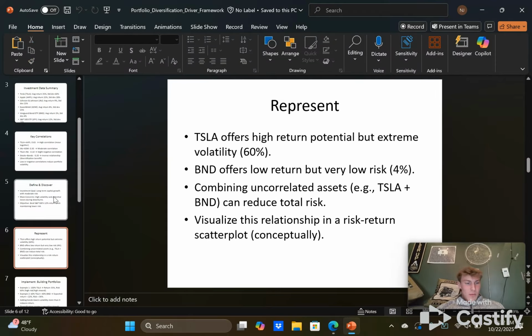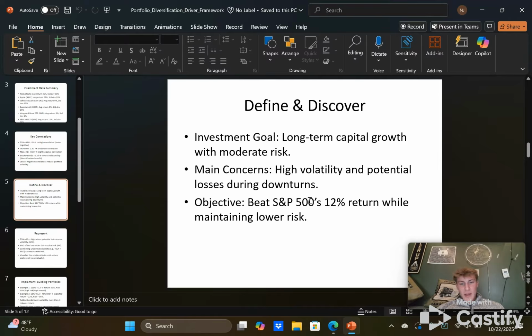So our investment goal is long-term capital growth with moderate risk. Some concerns are obviously high volatility and potential losses during a downturn, like when the market's not doing so well. We want these holdings to be less volatile so we don't just lose all our money.